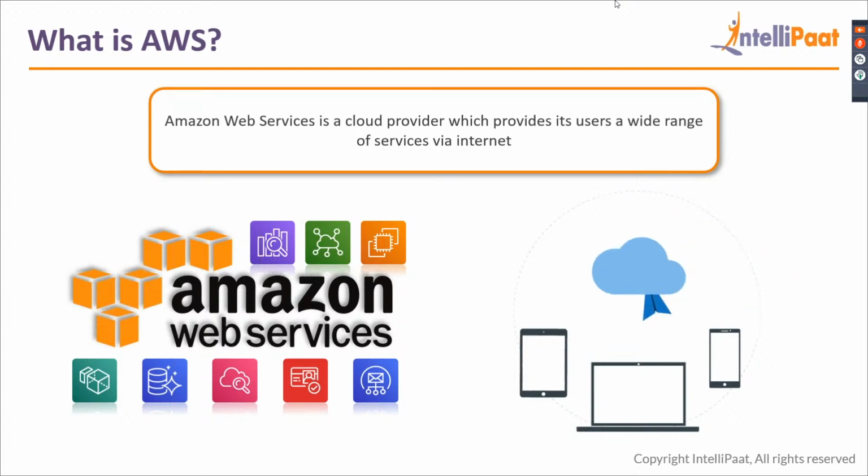So when you store a file in the cloud, it is stored somewhere in a data center owned by that company, for example Amazon. You're not storing it on your system and it's not taking any storage from you. You're virtually using storage from another company, and whenever you need it, you can access it through the internet.